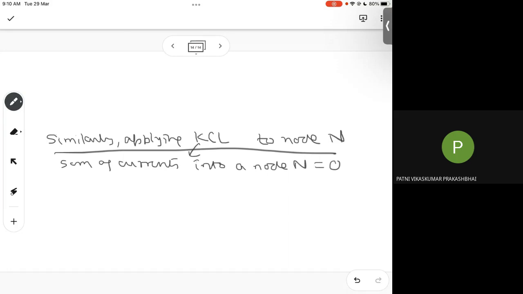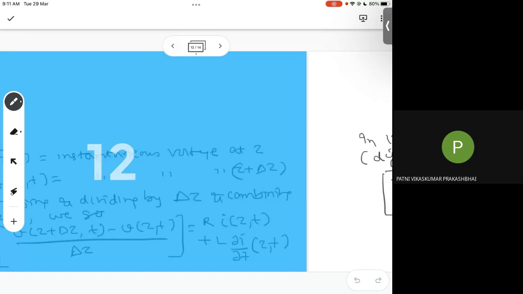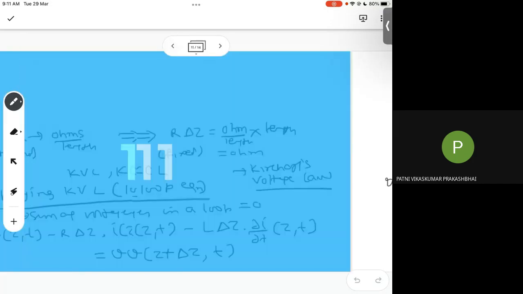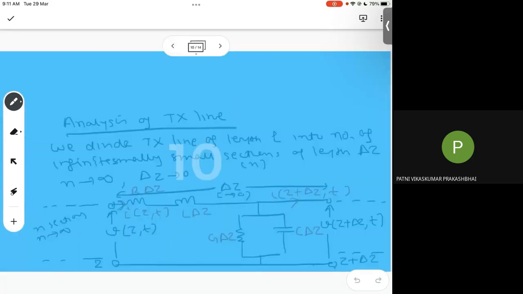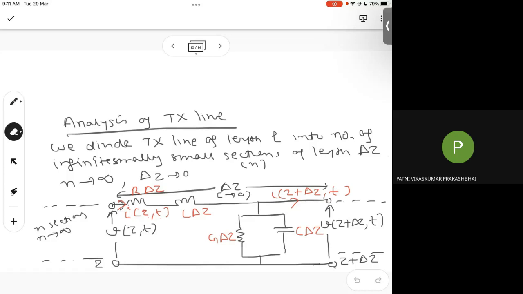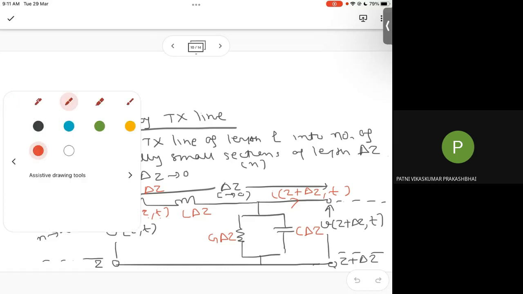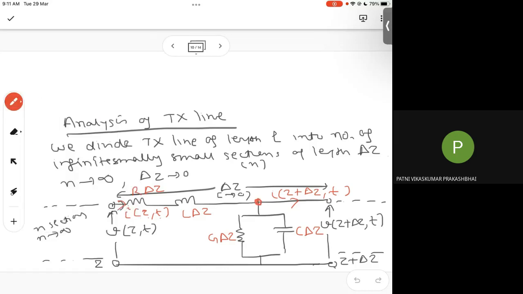First I will take this circuit, which is in my previous slide. I have to mark a node, and here I am marking this node N. So the sum of currents entering into a node is equal to 0.